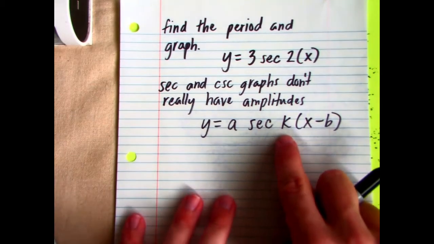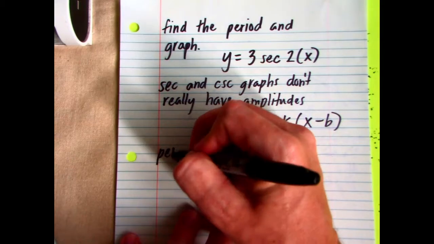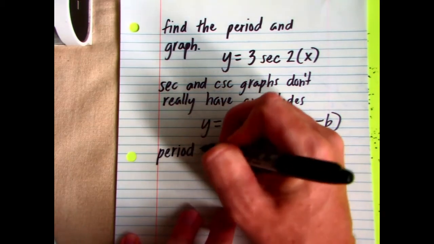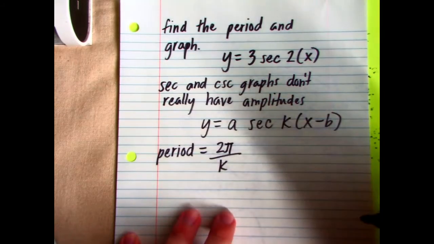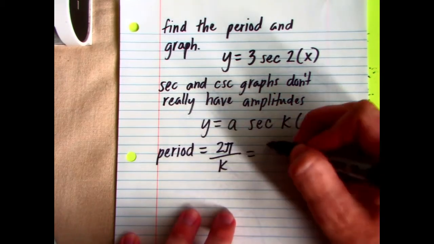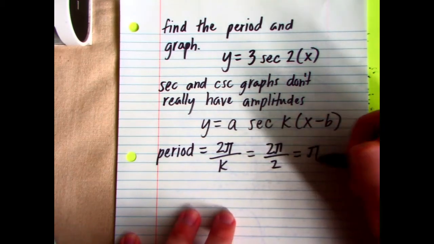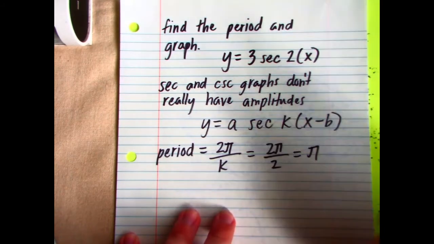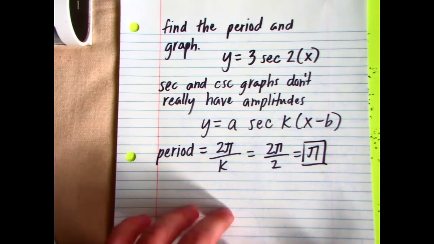What you would call standard form for secant looks like the cosine equation. So to get that period, we're going to again do 2 pi over k. K in our example is 2, so 2 pi over 2 is pi. So that is my period.